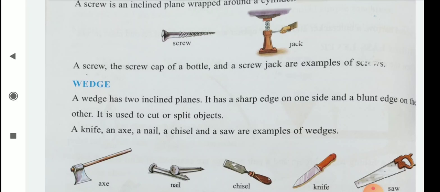It has a sharp edge on one side and a blunt edge on the other. It is used to cut or split objects. A knife, an axe, a nail, a chisel and a saw are examples of wedges.